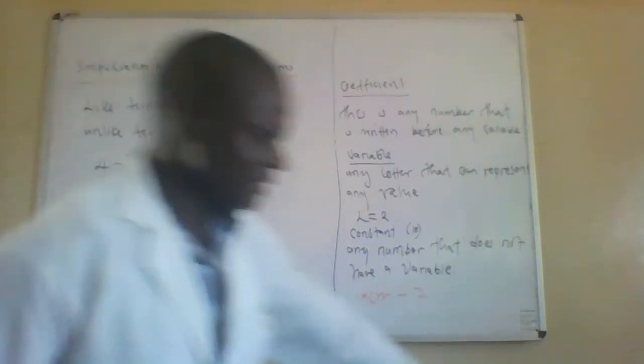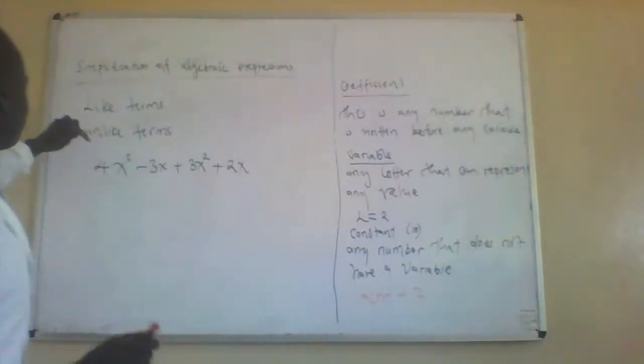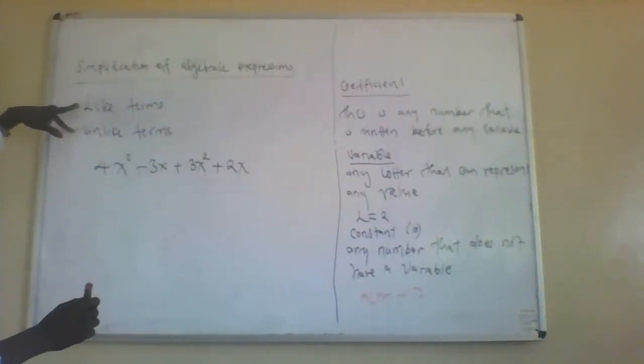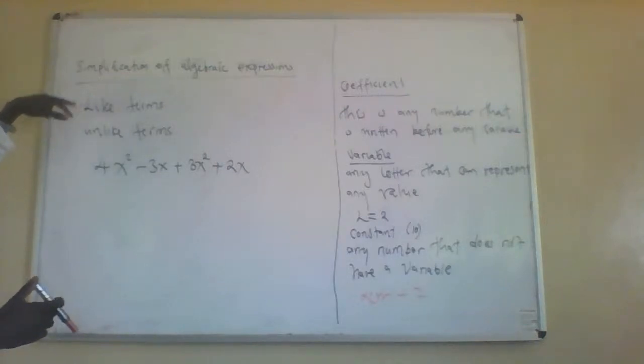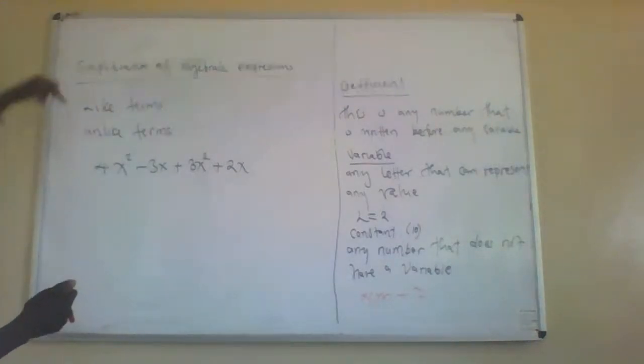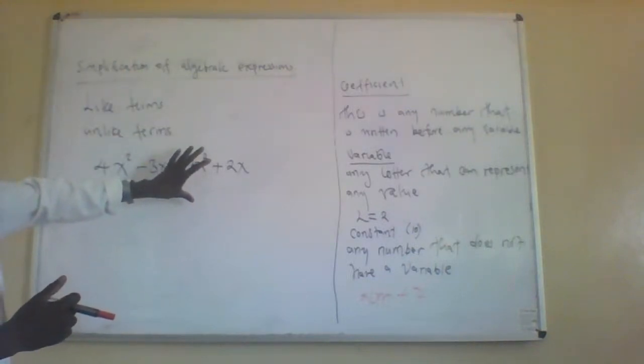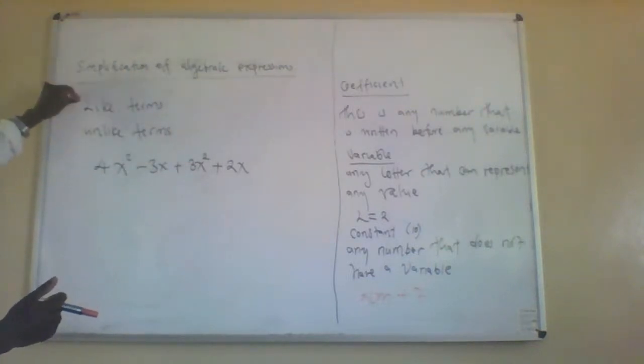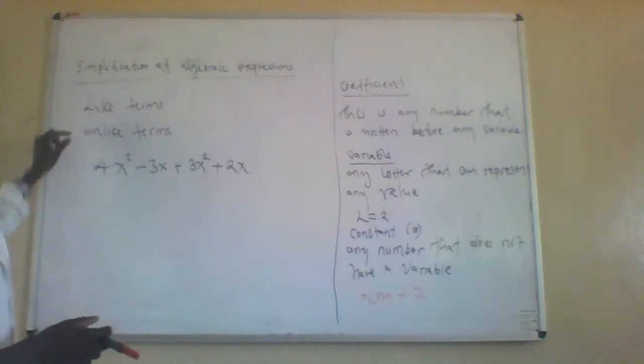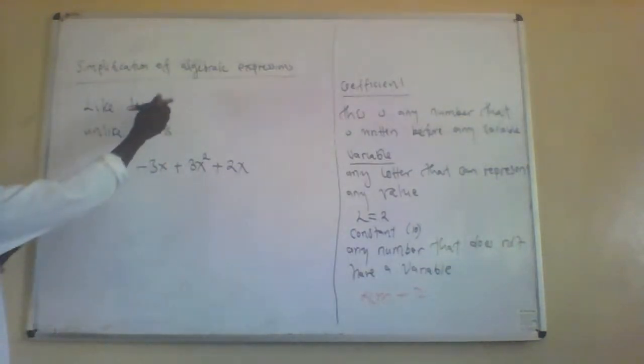Now, from this simple example, we're saying these two items are very important, like terms as well as unlike terms. When you start looking at the simplifications of these algebraic expressions, we're going to rely much on the like terms as well as the unlike terms. What did I say about like terms?